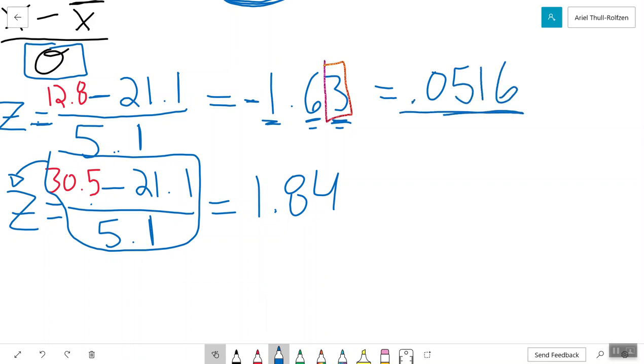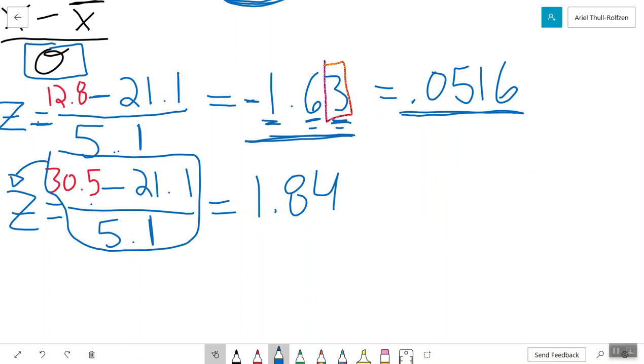This is the probability associated with this Z-score. And we'll do the same thing for 1.84. 1.84 is going to be found on page 525. 1.8 is the top one, the very first column.